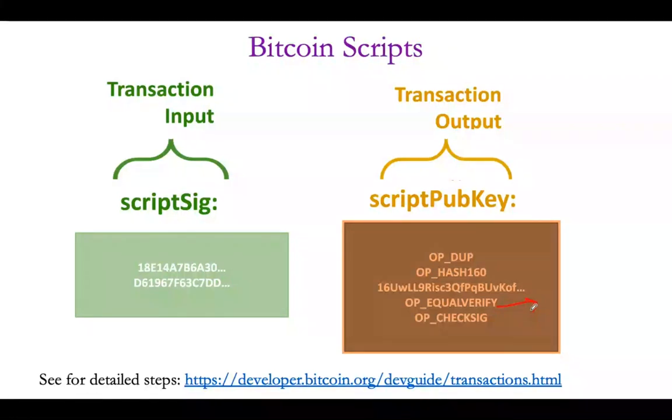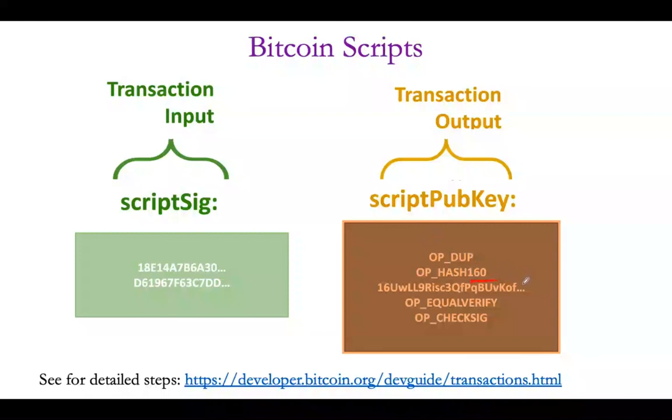Another important one is the hash instruction, the operation code of HASH160. Why is it used? As we said, in the Bitcoin transaction, the addresses are hashed twice. First, it is hashed with SHA-256, then it will be hashed with RIPEMD-160, so it will give a digest size of 160.